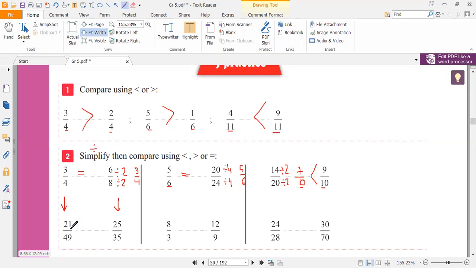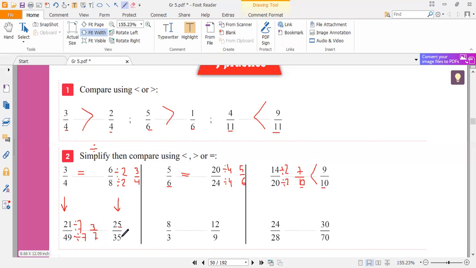No, because they are not ending by 0 or 5. Are they divisible by 6? Of course, no. Are they divisible by 7? Yes. 21 divided by 7 will be 3. Here 49 divided by 7 will be 7.